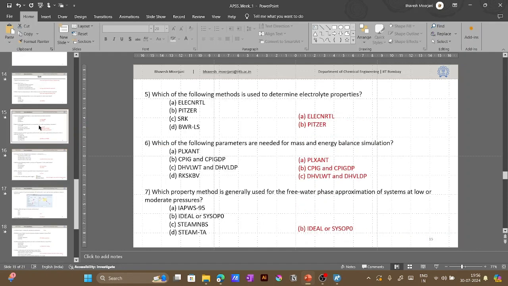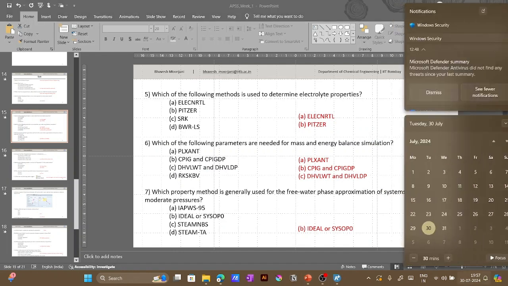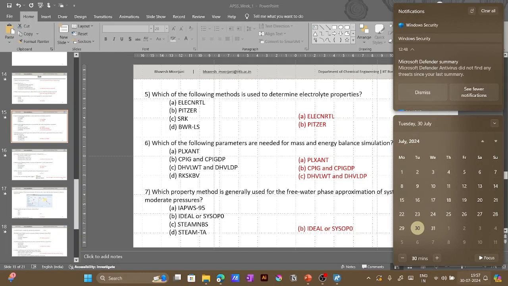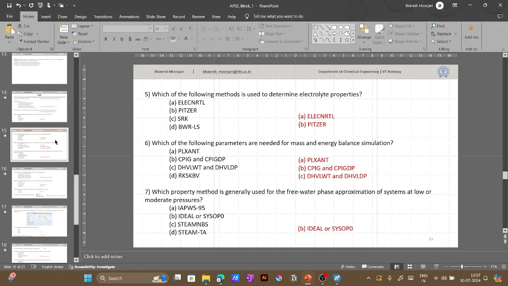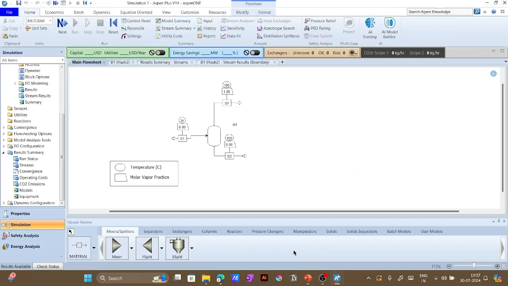So get familiar with the software, nothing else. Do solve assignment 1. I think you guys have a 2 week limit, right? Assignment 1, if I'm right, is due on 8, somewhere around 6 or 8. Can anyone confirm? 8. Right. Some of the questions are related to this, and if you don't find an answer, go and search in the Aspen help manual, you will get some results.